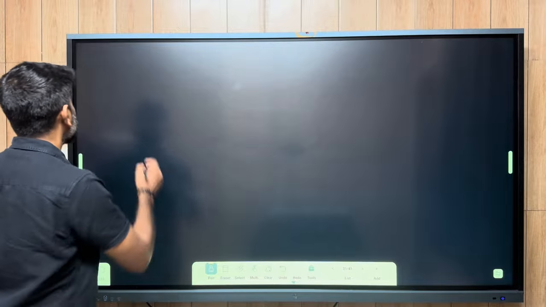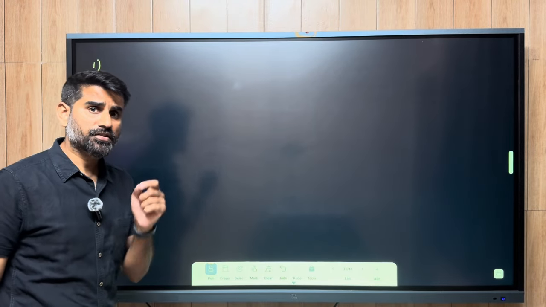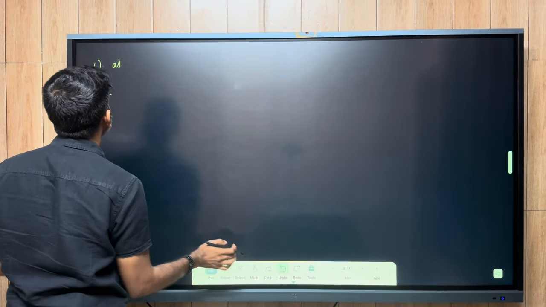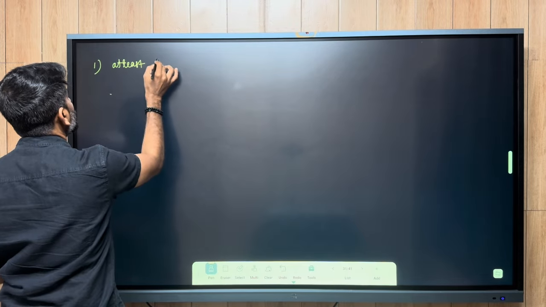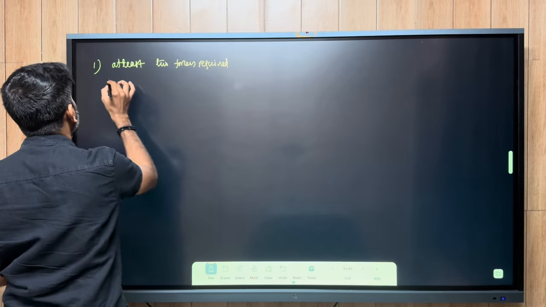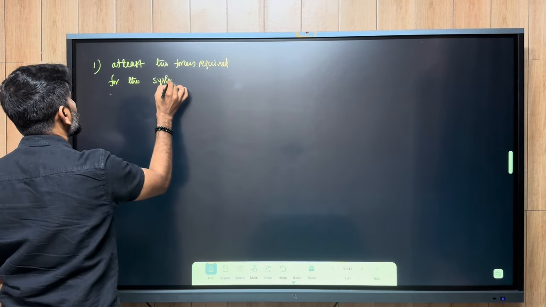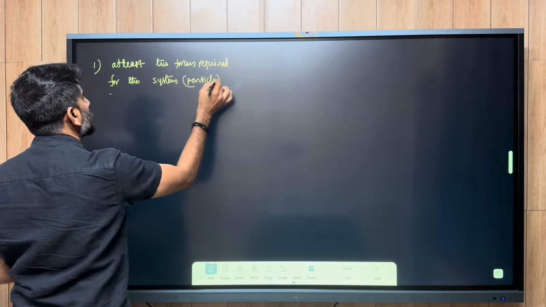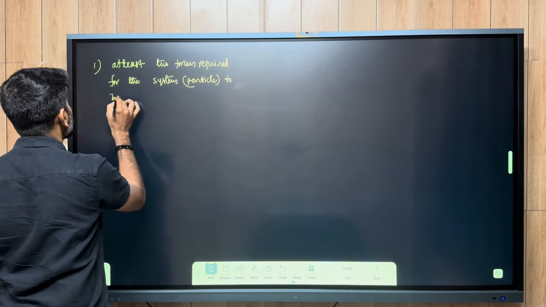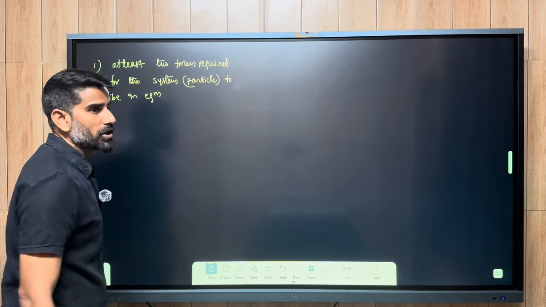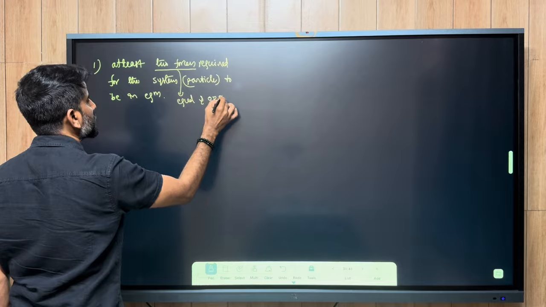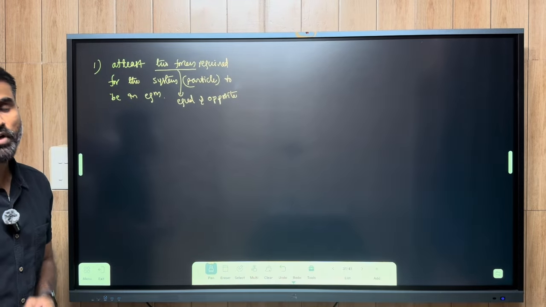First point: we have understood that for the system to be in equilibrium, at least two forces are required, and the two forces must be equal and opposite to each other. Okay, this is one key takeaway.